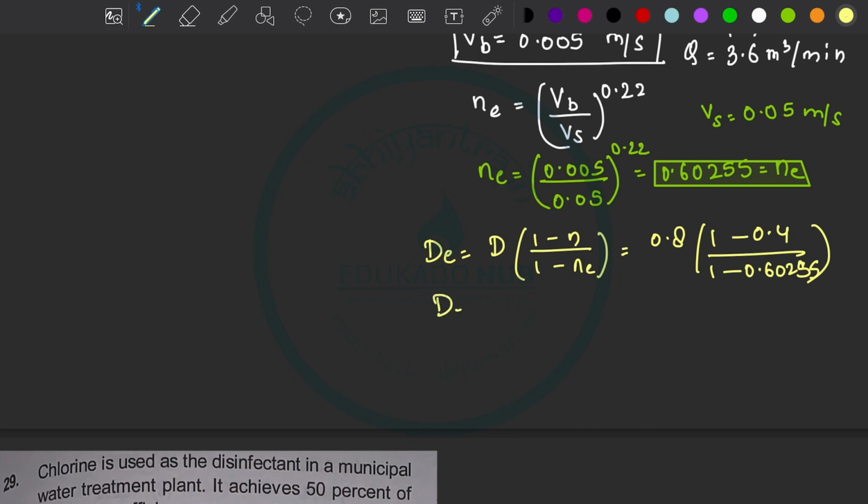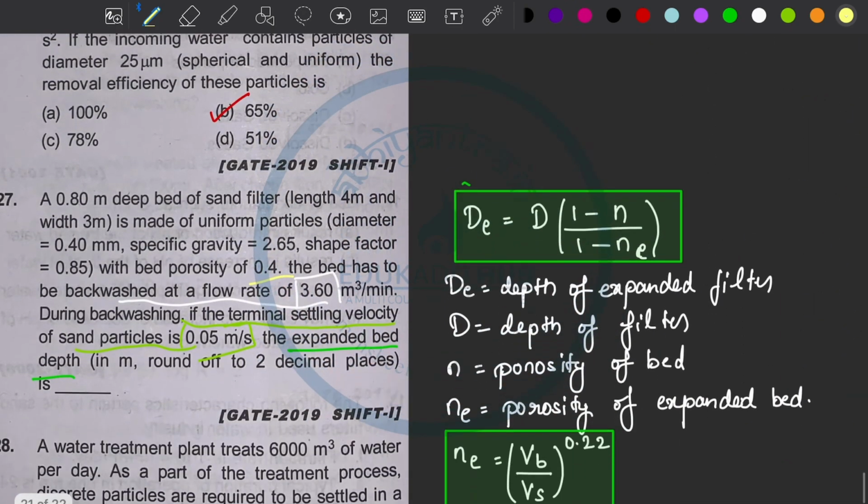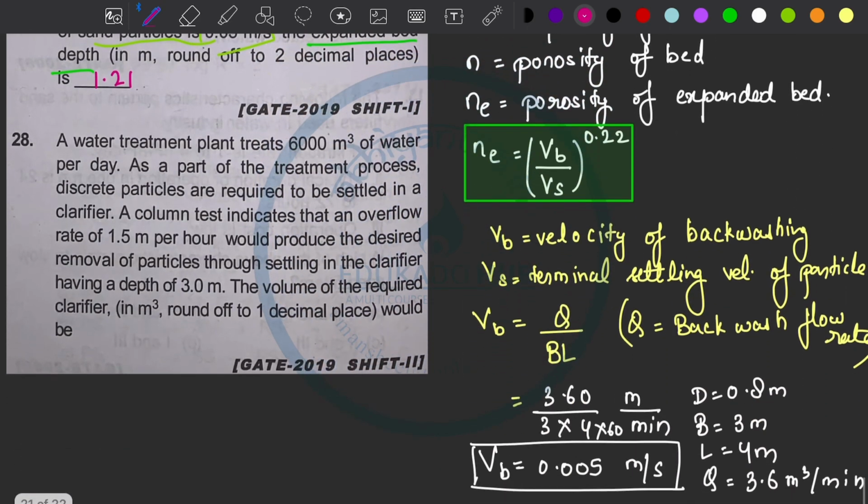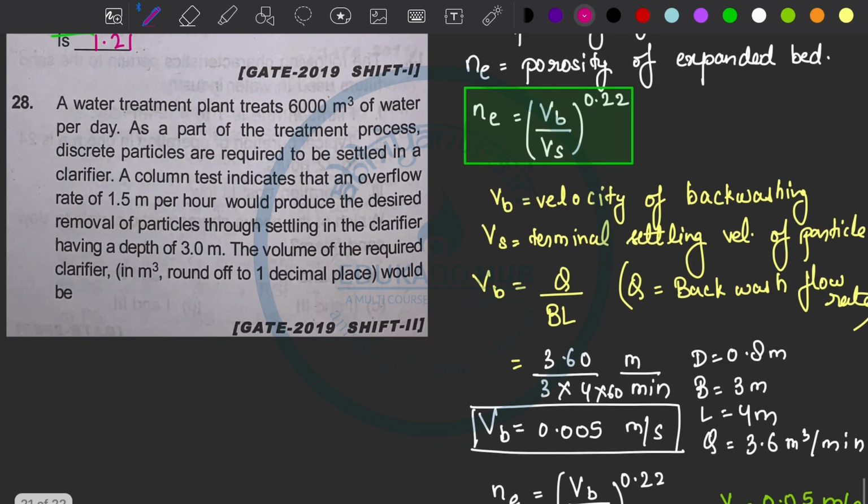And here comes the answer: dE, the expanded depth, is 1.21 meters. It is a numerical type answer, rounded off to 2 decimal places: 1.21. This is question number 27.